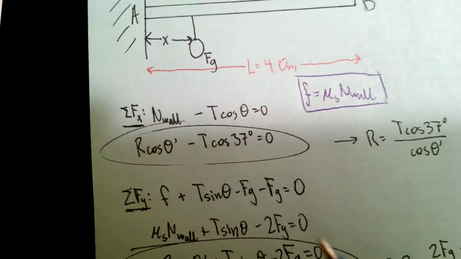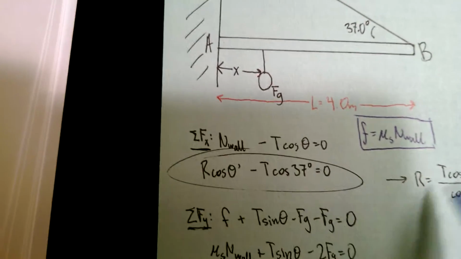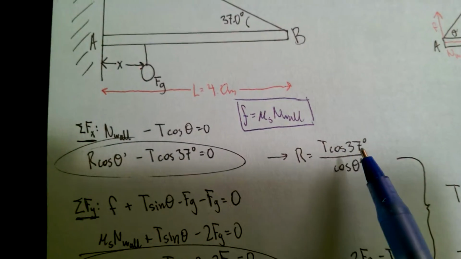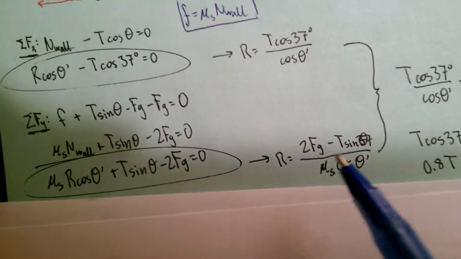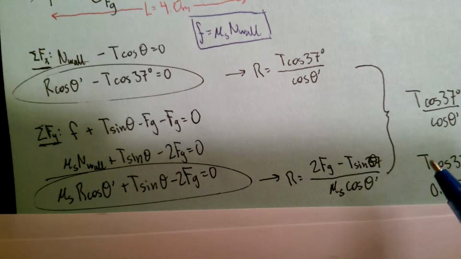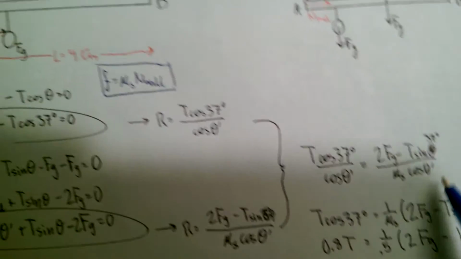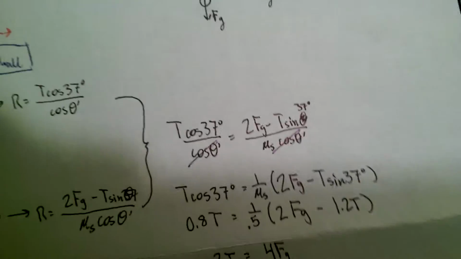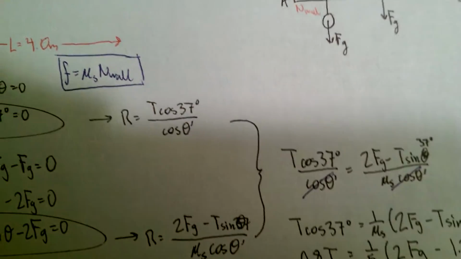So for the sum of the forces in the x direction, since it's equal to 0, you can easily isolate R, and then same thing in the y direction too. So in the x direction, you end up with T cosine theta over cosine theta prime, and in the y direction, you end up with 2Fg minus T sine theta over mu static cosine theta prime. And then you set these equal to each other, and the cosine theta primes cancel out.